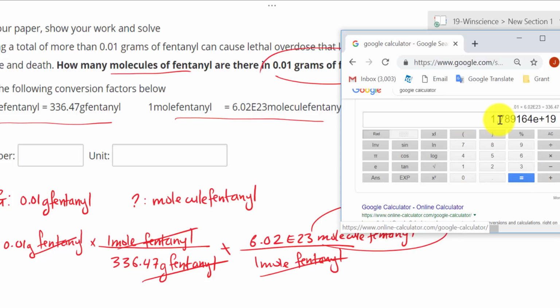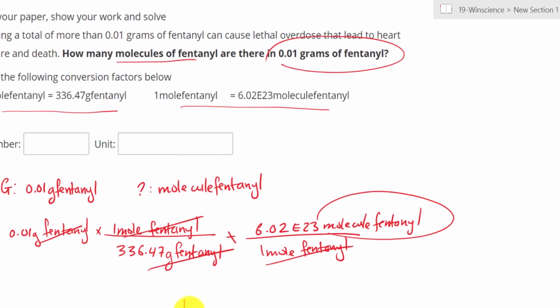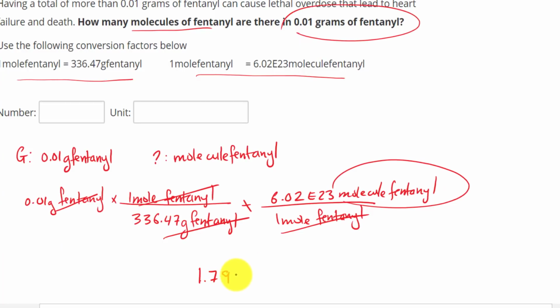So we have 1.789 E19. And notice that 8 will be rounded to 9. So our answer is 1.79 E19. And what's the unit that's left over? Molecules of fentanyl.